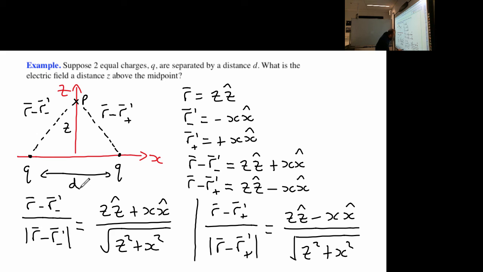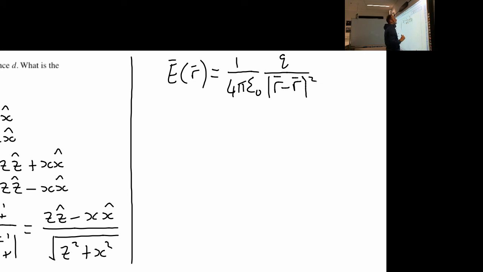Okay, so we're good to go. Let's write up our equation for the electric field. So the electric field at r is equal to 1 over 4 pi epsilon naught times the charge, which is q, over the distance, the r minus r prime, squared, and our unit vector at the end.